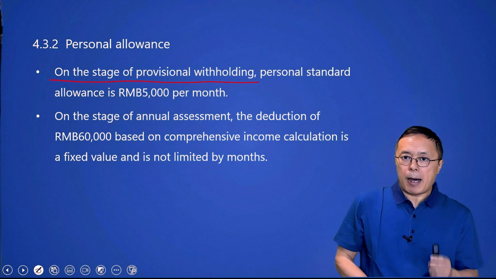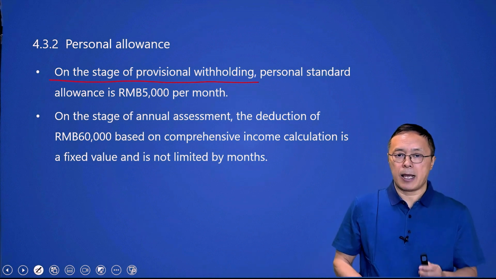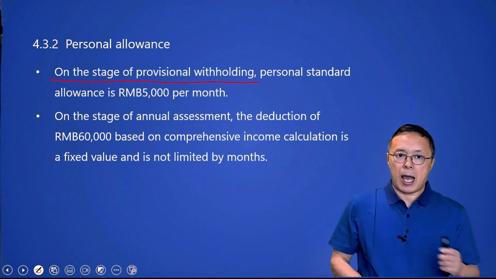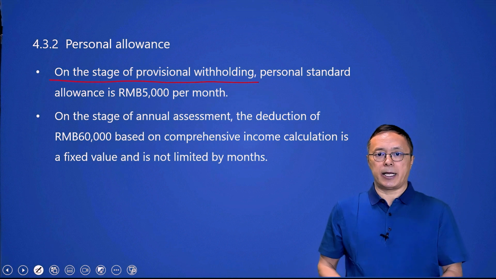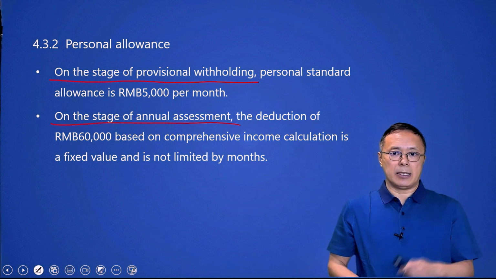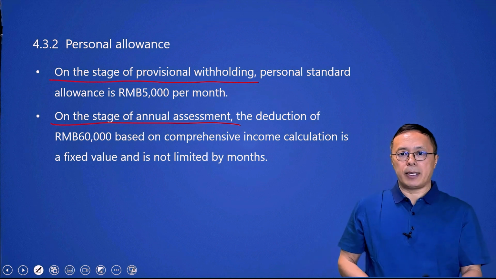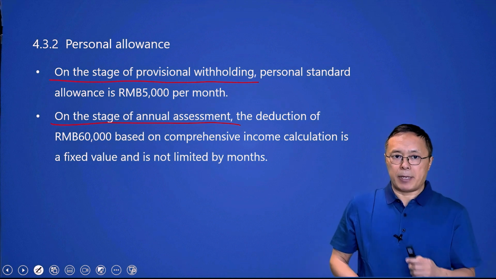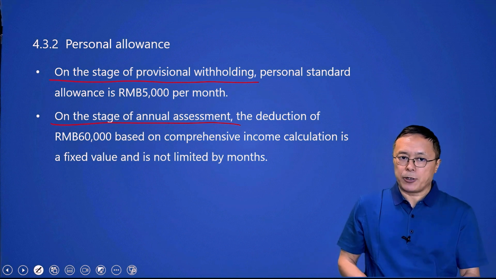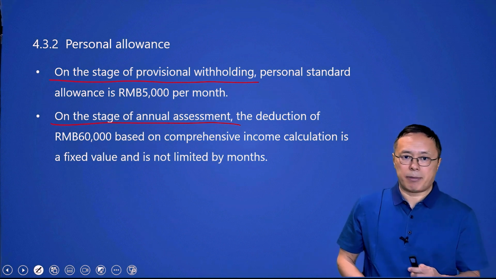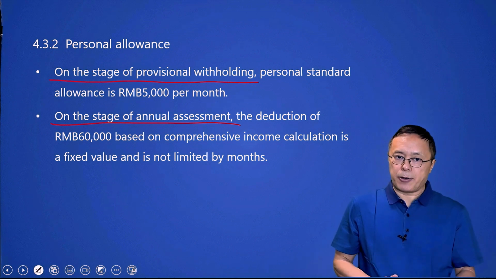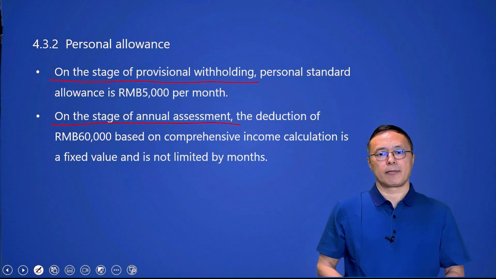It needs to be multiplied by the number of months the taxpayer has been employed in this unit up to this month in the current year. And on the stage of annual assessment, the deduction of RMB 60,000 based on comprehensive income calculation is a fixed value and is not limited by months, no matter how many months you receive salary this year.